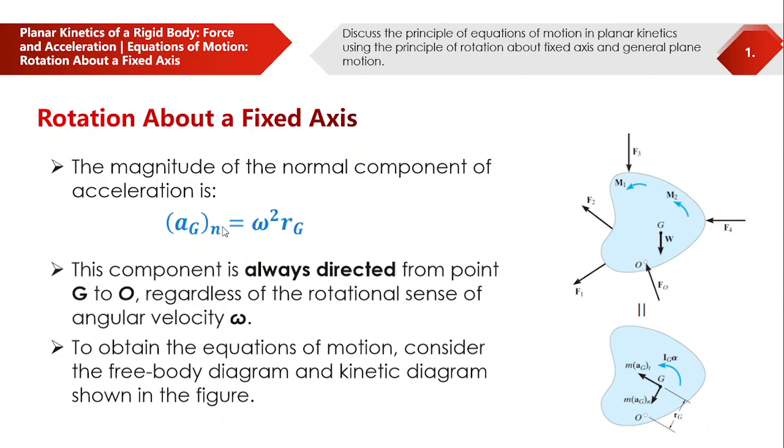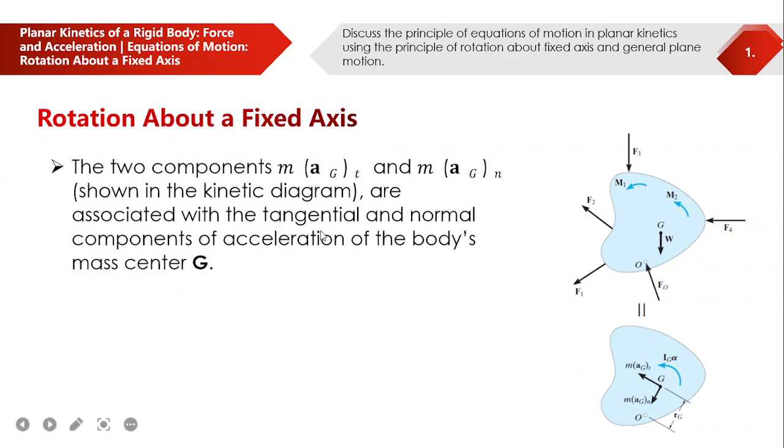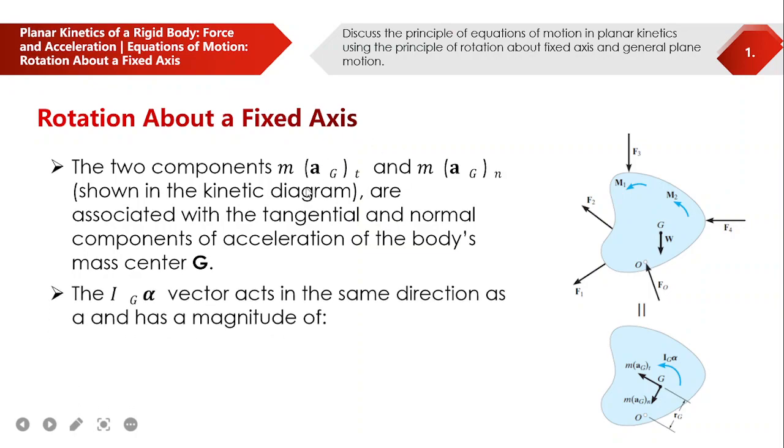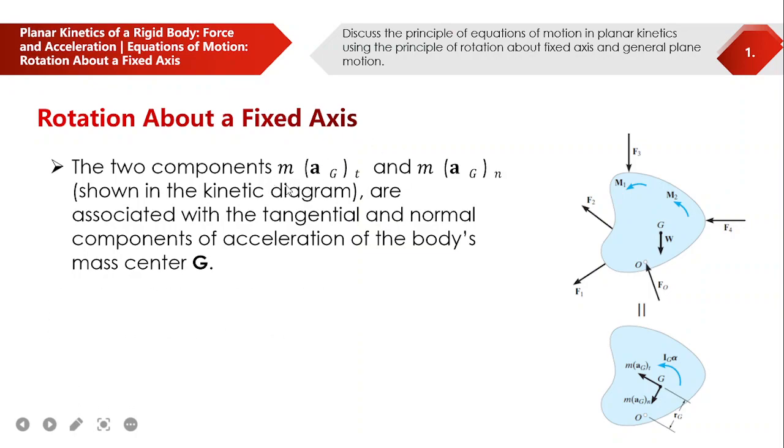Let's discover what the equations of motion are when your body is in rotation about a fixed axis. There are two components of the forces, the tangential component and the normal component of the acceleration. So two forces also act here when we consider the components of the force.